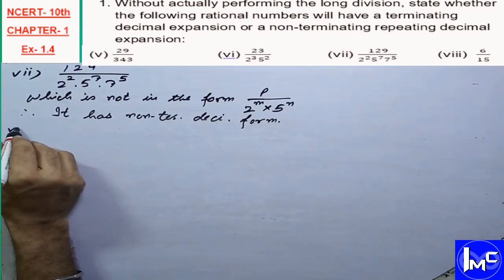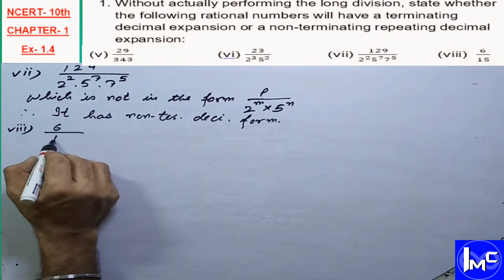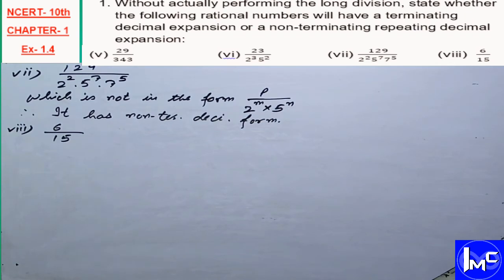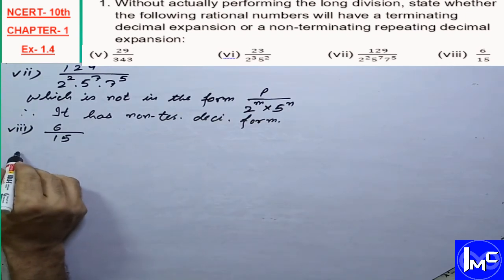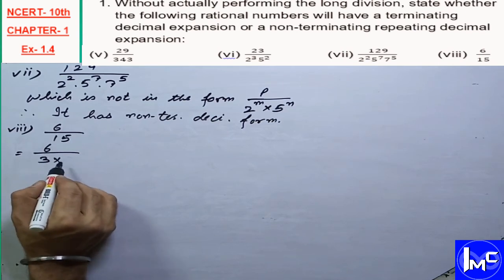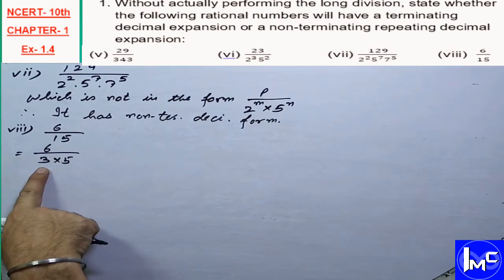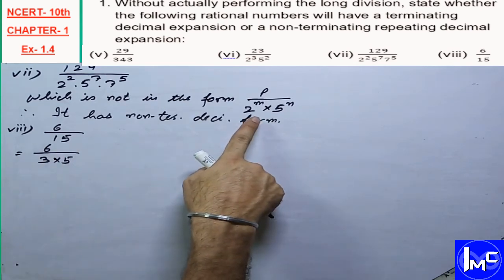Question number 8 is 6 over 15. Again, factors of 15 can be written as 3 into 5. Again, 5 is a factor, but 3 is not in the form of these factors.